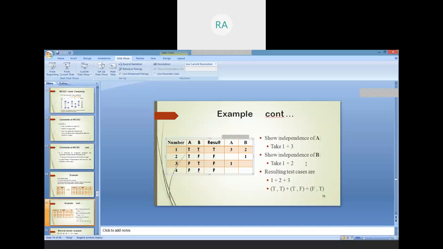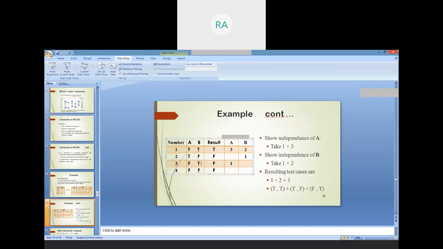So finally, the test cases which independently impact the final decision are test case 1, wherein both variables are true and true, test case 2, true and false, and test case 3, false and true.